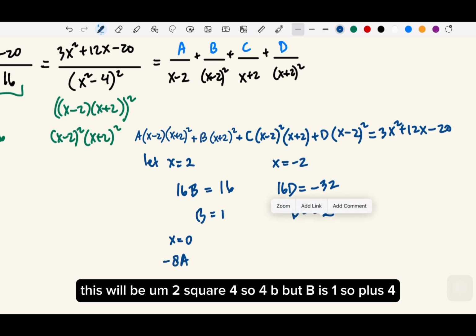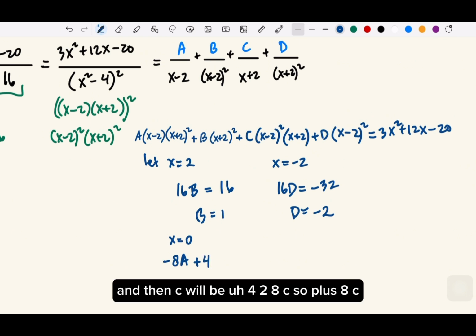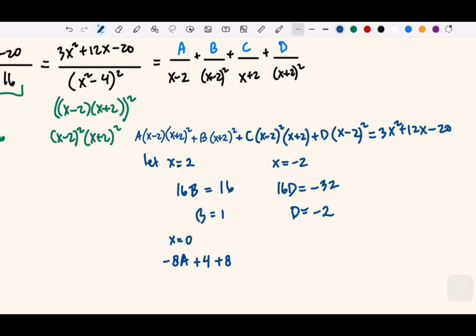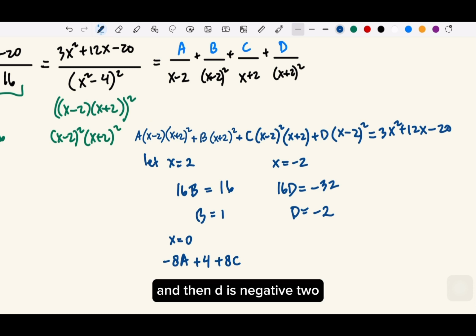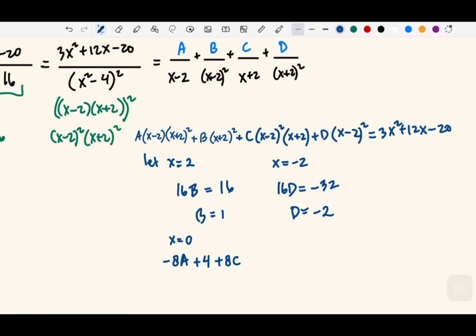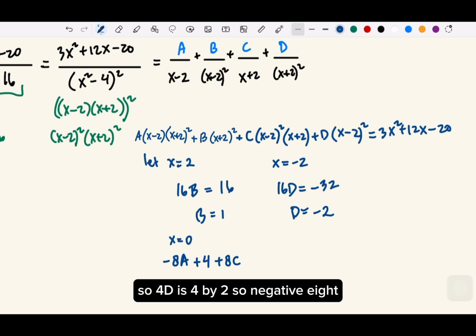This will be 2 squared, 4, so 4B, but B is 1, so plus 4. And then C will be 4 times 2, so plus 8C. And then D is negative 2, so 4D is 4 times negative 2, so negative 8. So take 0, this will be negative 20.